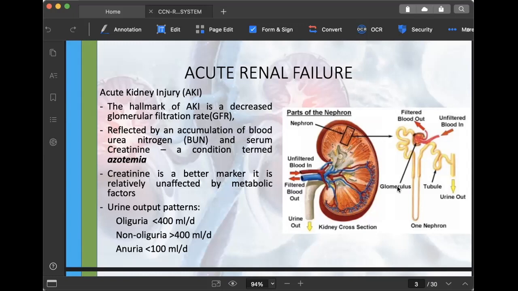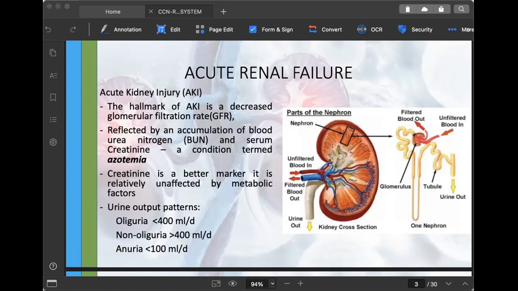So that's the key difference between these two disorders. Now your creatinine is a better marker. It is relatively unaffected by your metabolic factors.